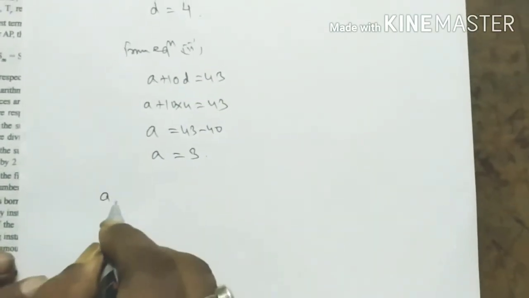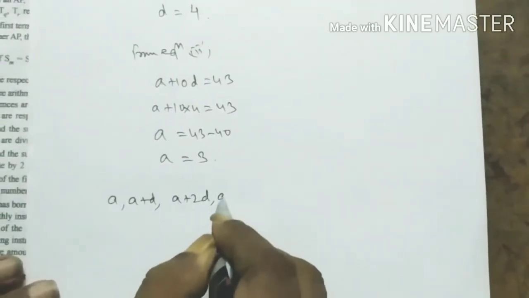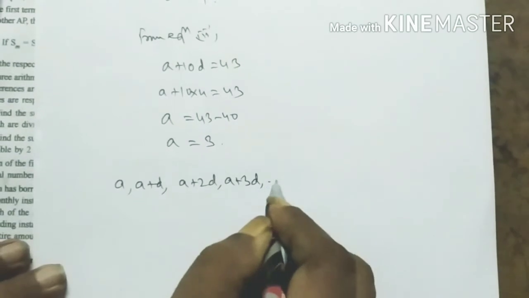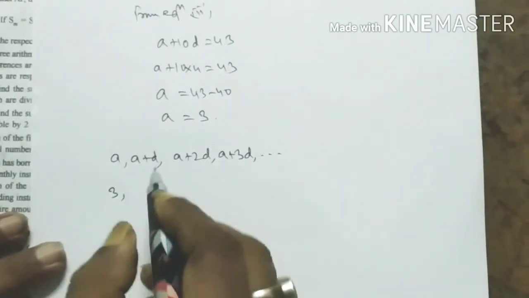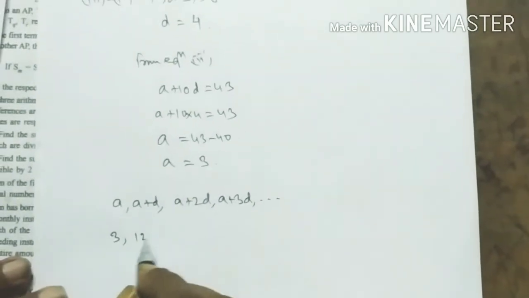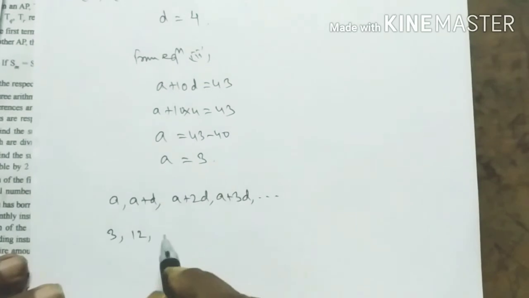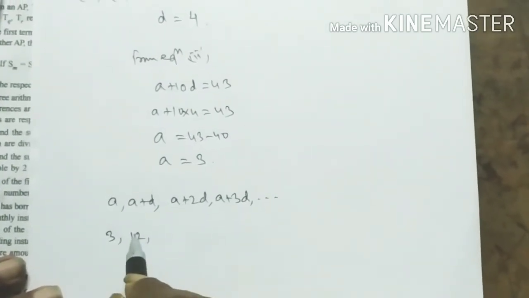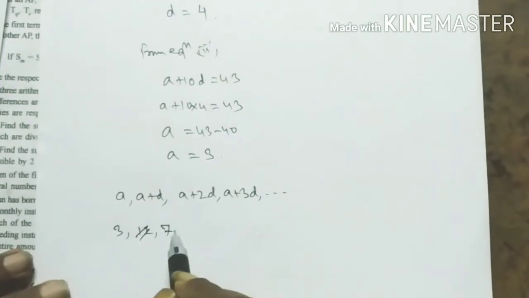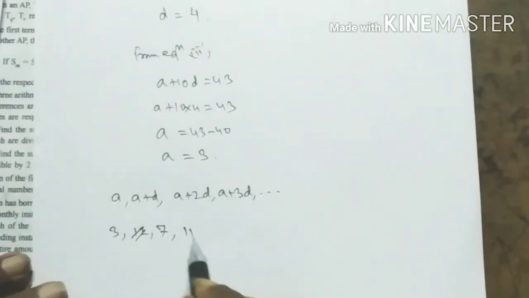Your AP is a, a plus d, a plus 2d, a plus 3d, and so on. So a is 3. Again 3 plus 4 is 7. Again 2 fours are 8, 8 plus 3 is 11.